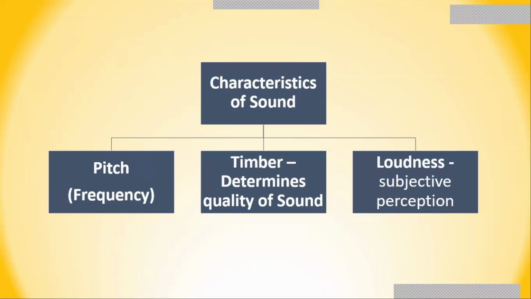Say if a song is sung by XYZ singer, a very famous singer, right? And the same song with the same pitch, same loudness, sung by some ordinary fellow. Okay, so the quality of the sound will vary. So timbre gives the quality of the sound. Yeah, timbre determines the quality of the sounds, right?